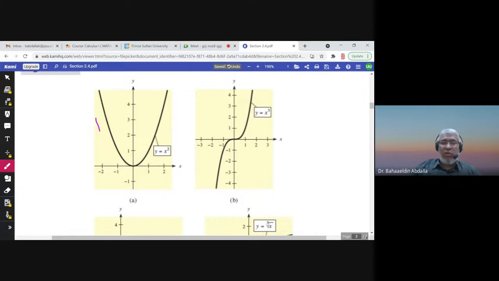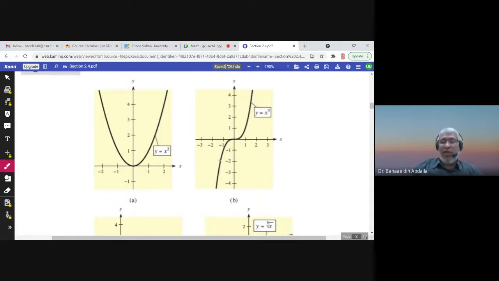So x to the power 4 would be something like this. It starts from here, closer to the y-axis than x squared. So this would be x to the power 4, and x to the power 6 would be even closer and so on. But they have almost the same shape as x squared.